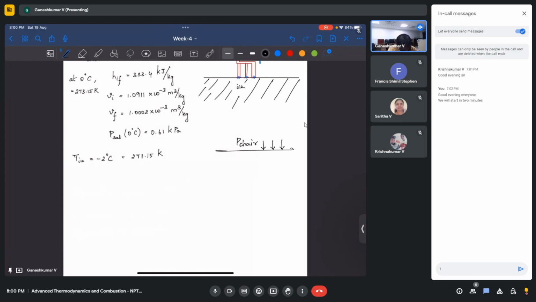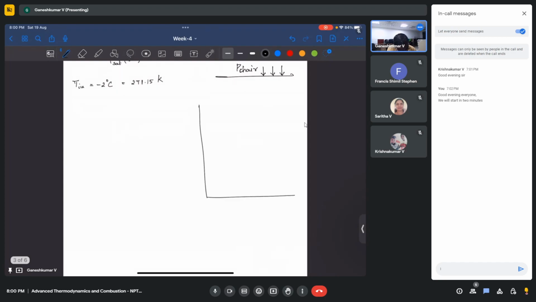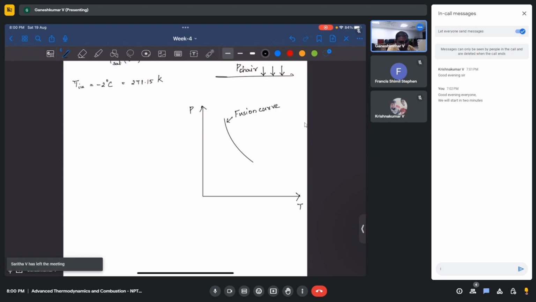Now, let's draw the phase diagram. Here we have P and here we have temperature, and we know for ice this is the fusion curve, right? Other curves we are not interested in, because we are interested in going from solid to liquid. So this is going to be liquid and this is going to be solid, right?